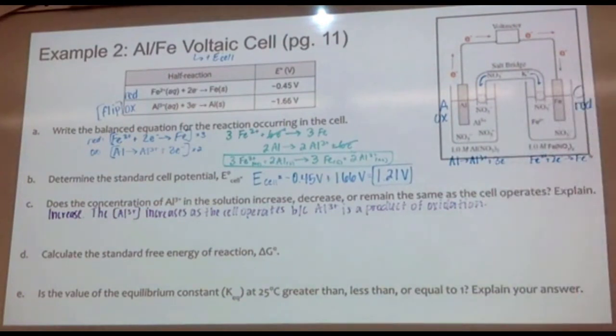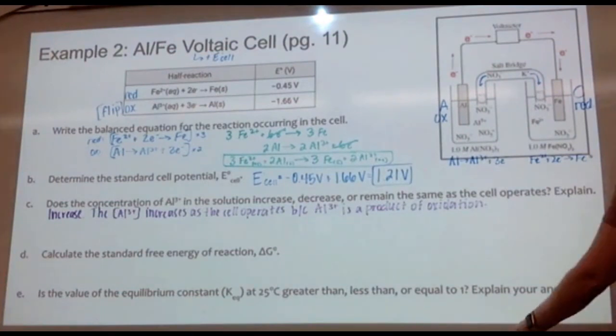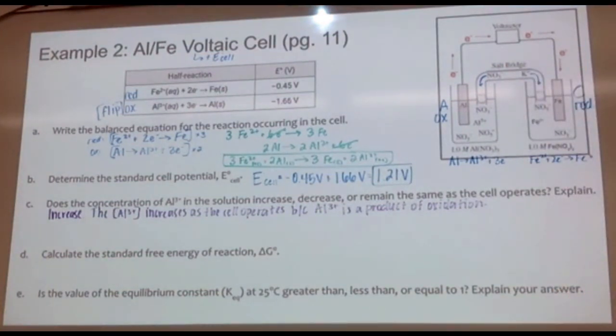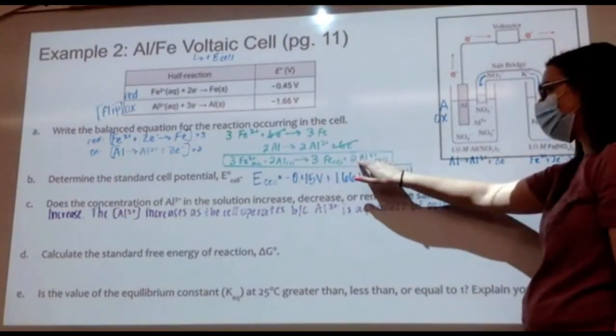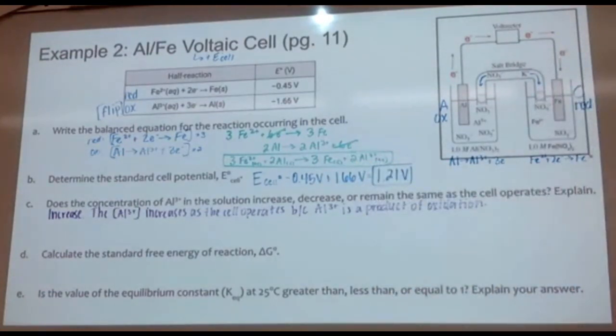So as the cell runs, Al3+ is produced during the oxidation. So that's just a question on thinking about what happens as the cell runs. Because Al3+ is a product, it's being created, so we would expect the concentration to increase.